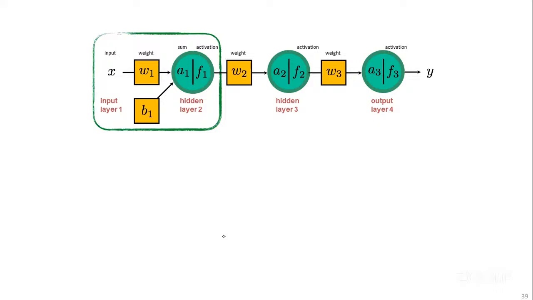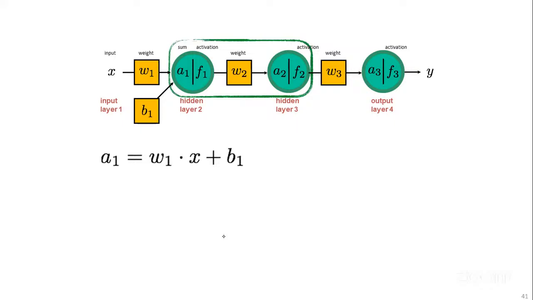I will go a bit slow here so that you get a good idea. What is your A1? A1 is nothing but W1 X plus B. Now move forward, one step forward. And when we move forward, what is your A2?